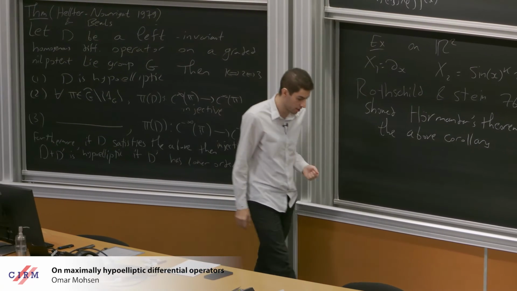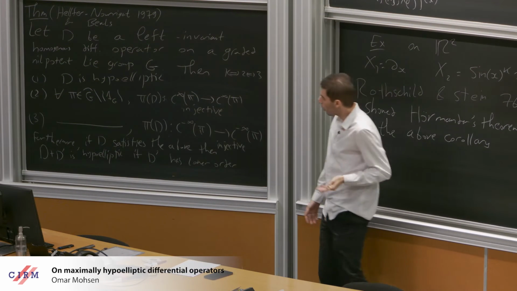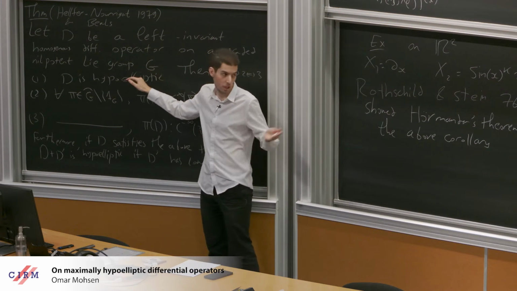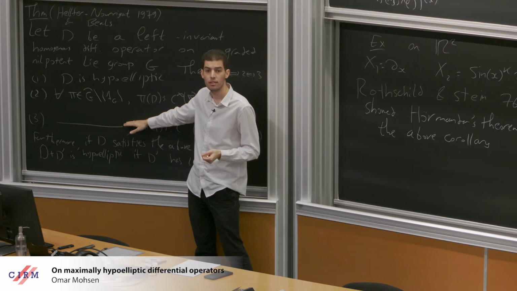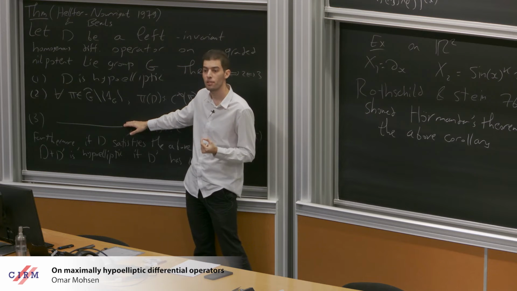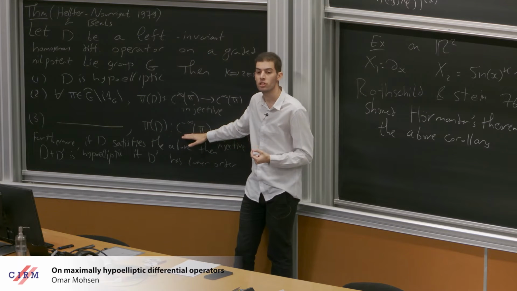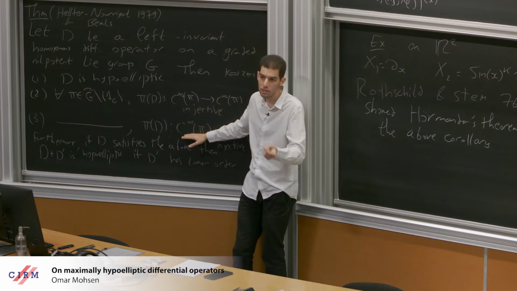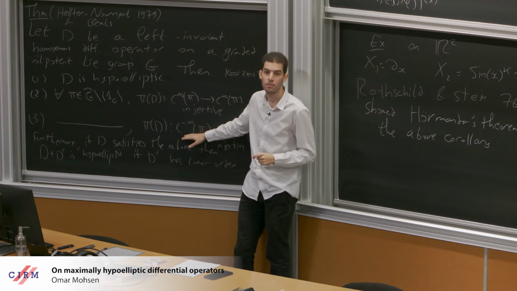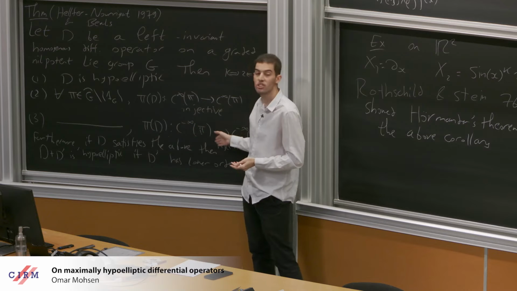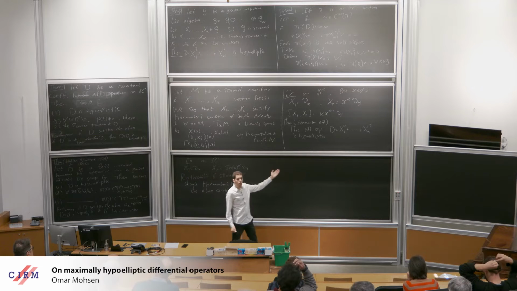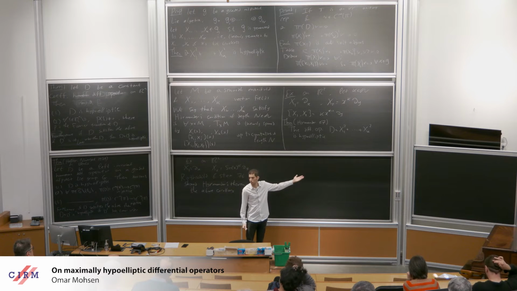So they conjecture that if you work with the free nilpotent Lie group, which I will describe in a moment, then for any manifold, there is some set of representations, which depends only on the manifold, such that you don't have to check this condition for all representations, only the representations in this set. And if it happens that you have this injectivity, then the differential operator on that specific manifold will be hypoelliptic.